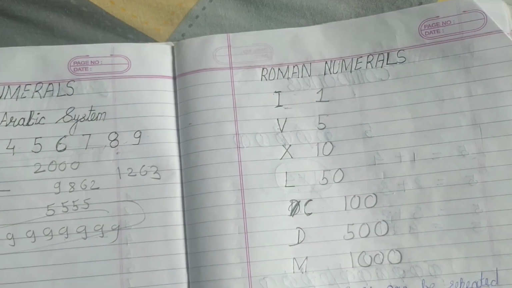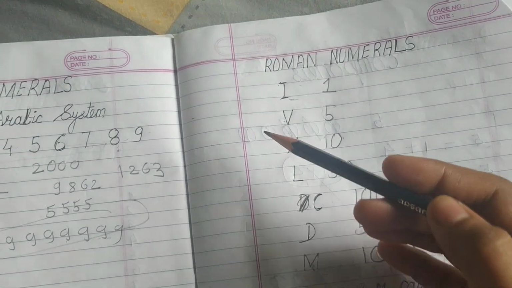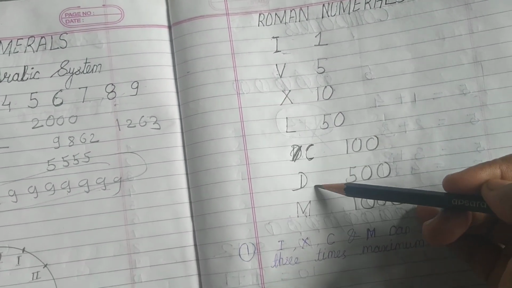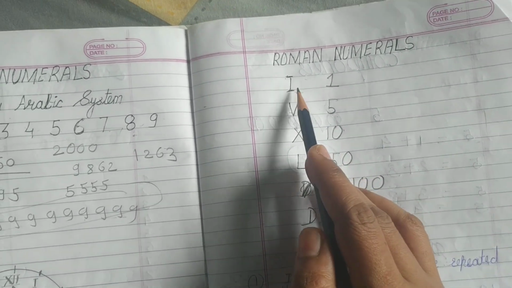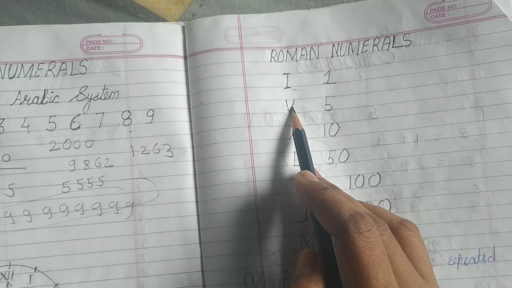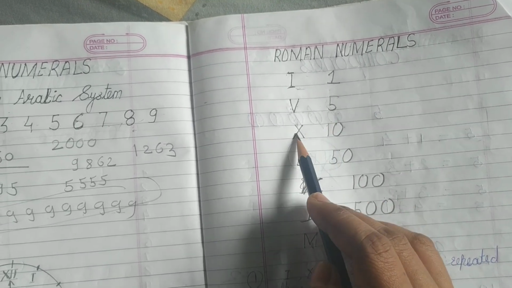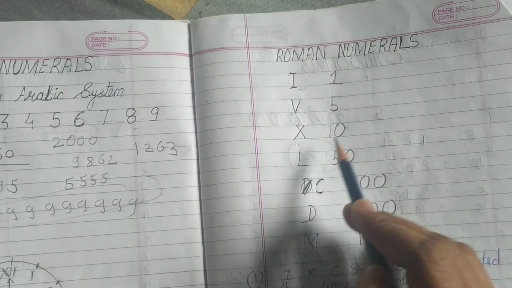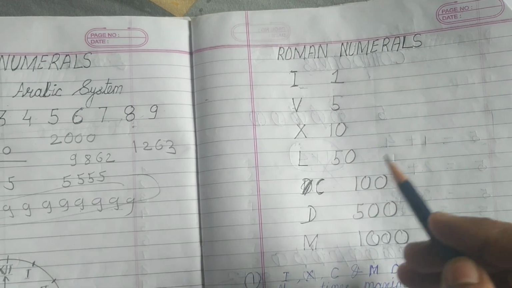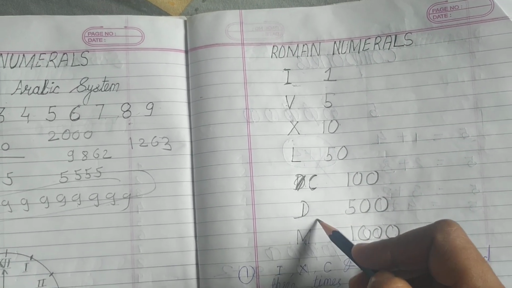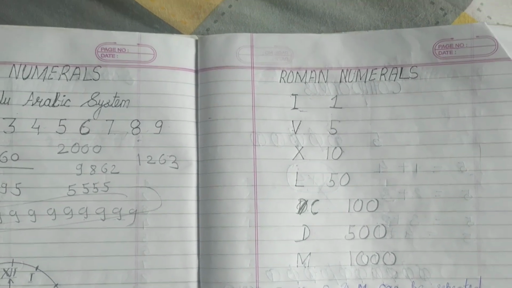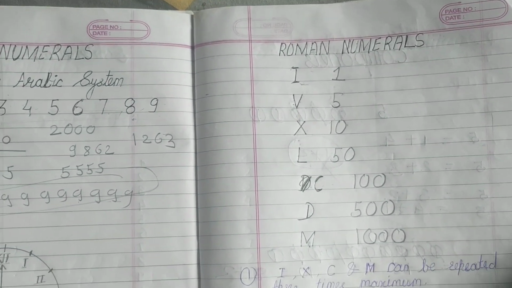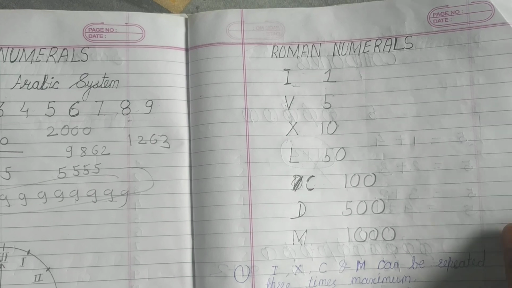I, V, X, L, C, D, M. What is the value of these letters? I stands for 1, V is equal to 5. We write X for 10, L for 50, C for 100, D for 500 and M for 1000. Got it? Now we will see how to write the number.